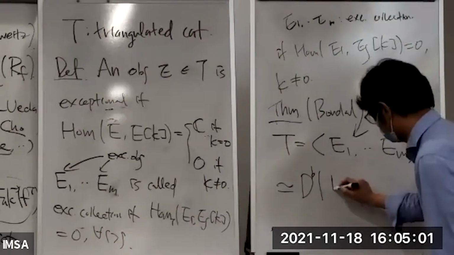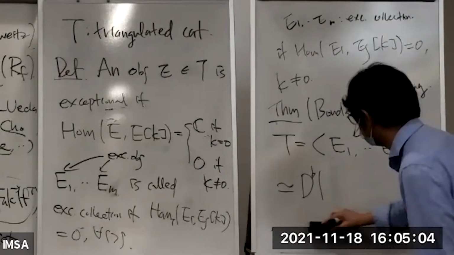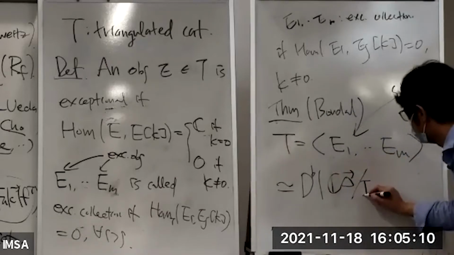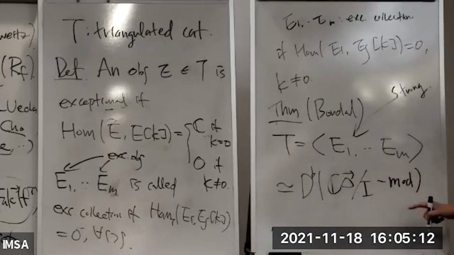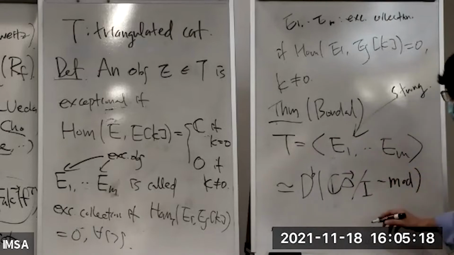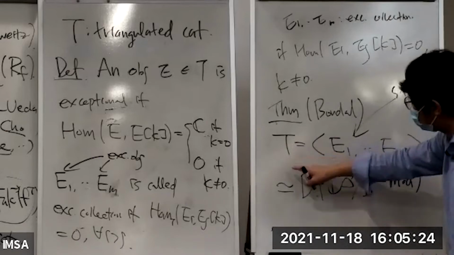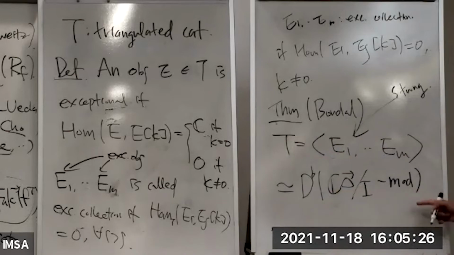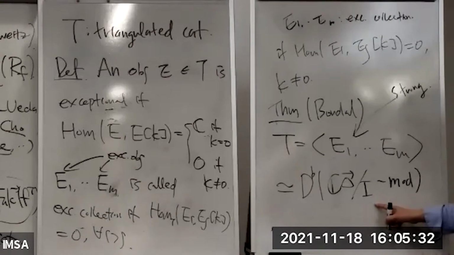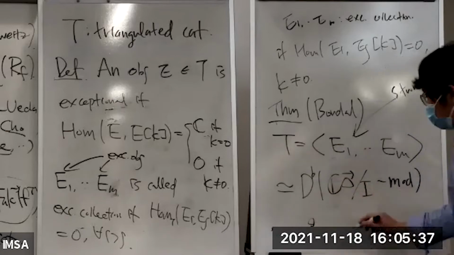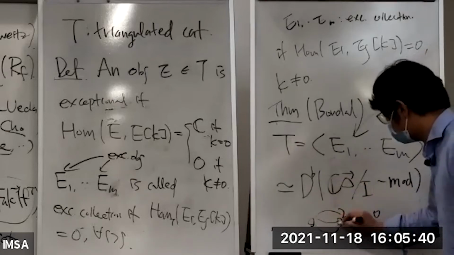There's some quiver with relations, some ring, and I can express this triangulated category as a derived category of quiver representations. It's some ideal. There are some relations, and for example there might be an arrow here.